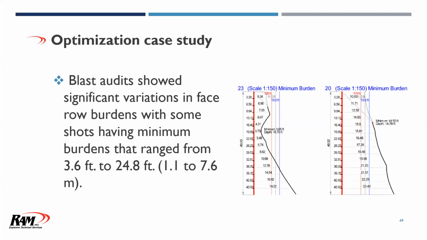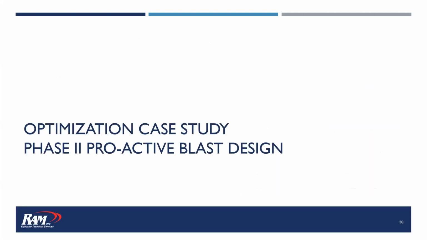So it took a lot of that guesswork out that they had before, and they could really dial in exactly where they needed to be with hole depths, where the grade was at, how much subdrill needed to be on it to be able to get this right. But along with that, by doing the profiling, they were able to capture that face, characterize it, and determine exactly how much burden they had to deal with, and then they could design accordingly.